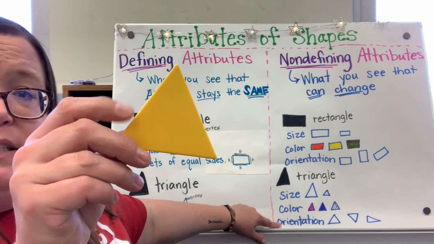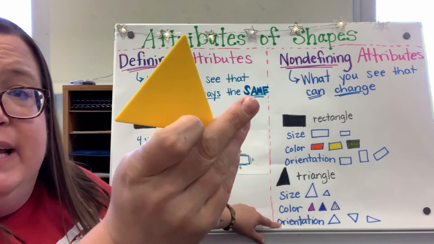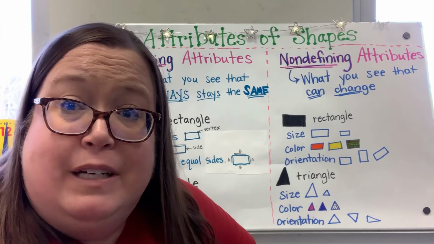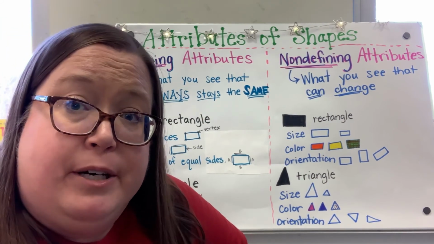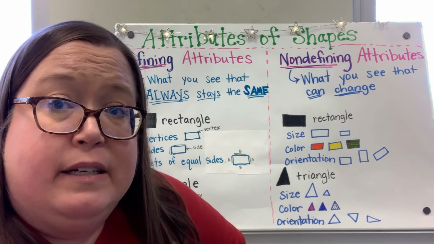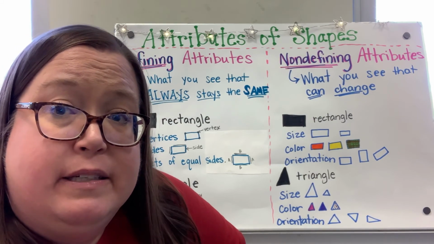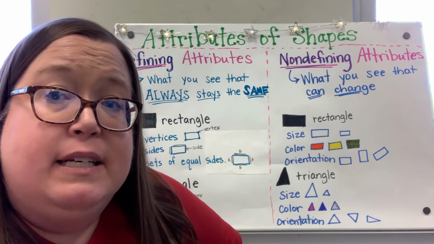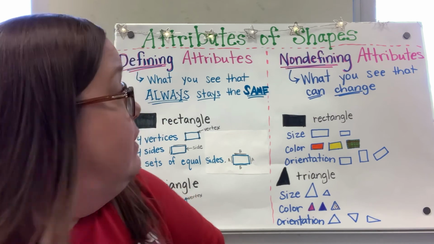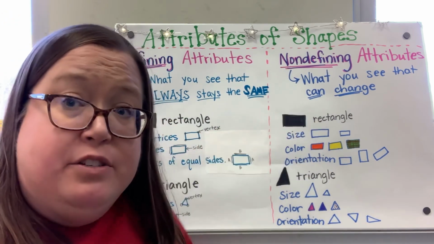It could be like this, could be like this, could be like this, could be like this. Okay? So just remember those words, defining and non-defining. Defining means it's always the same for that shape. Non-defining means it can change. Remember that.